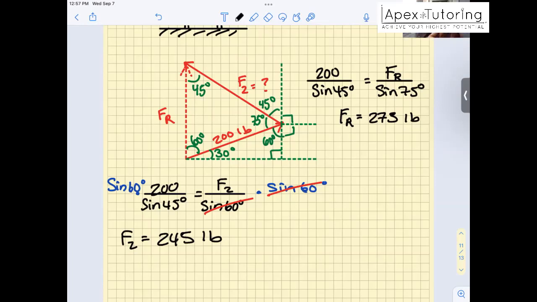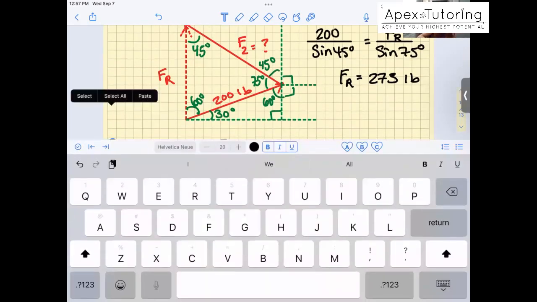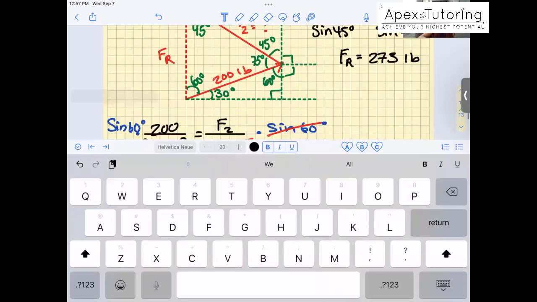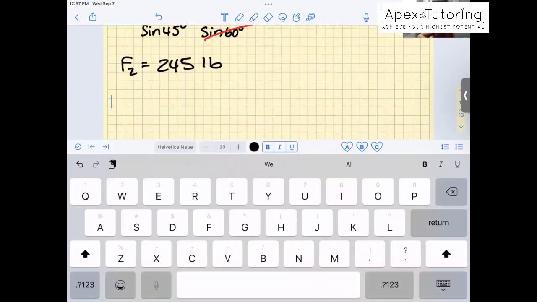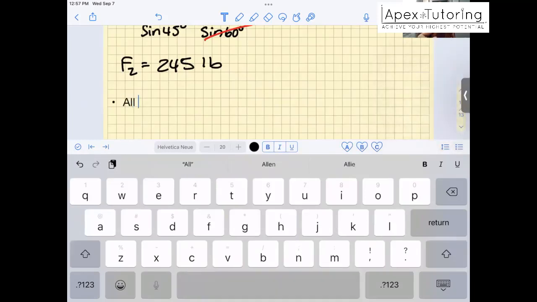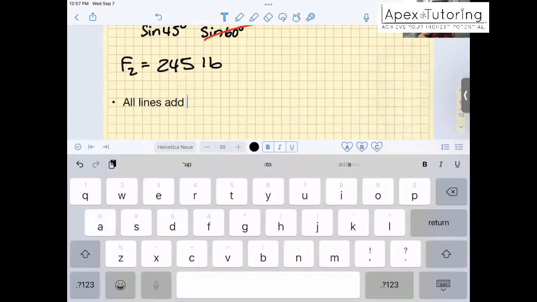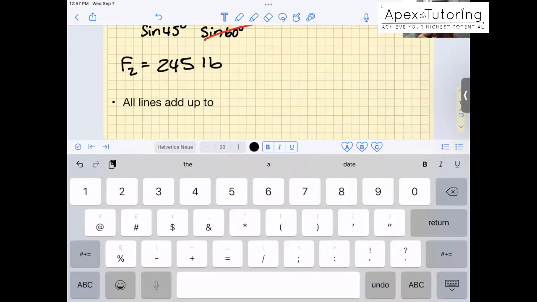Okay. So again, for your notes, all lines add up to how many degrees? Like, if you have a linear pair, what do they add up to? 180.